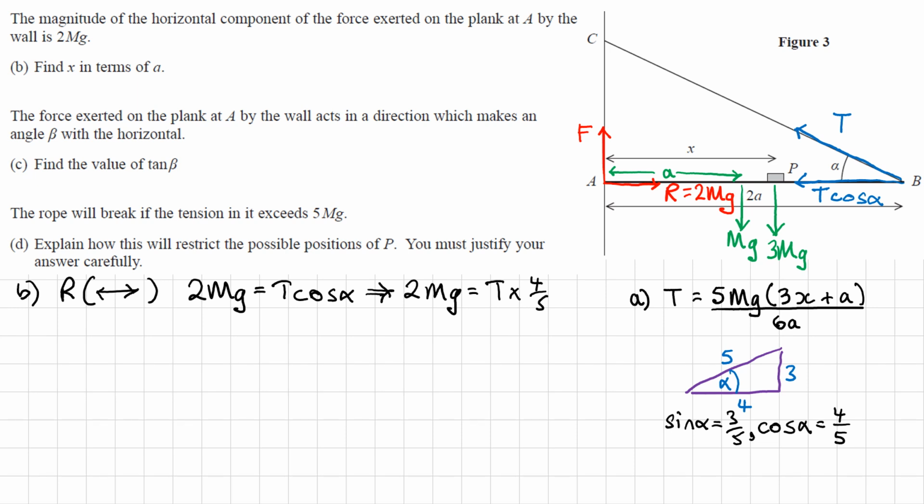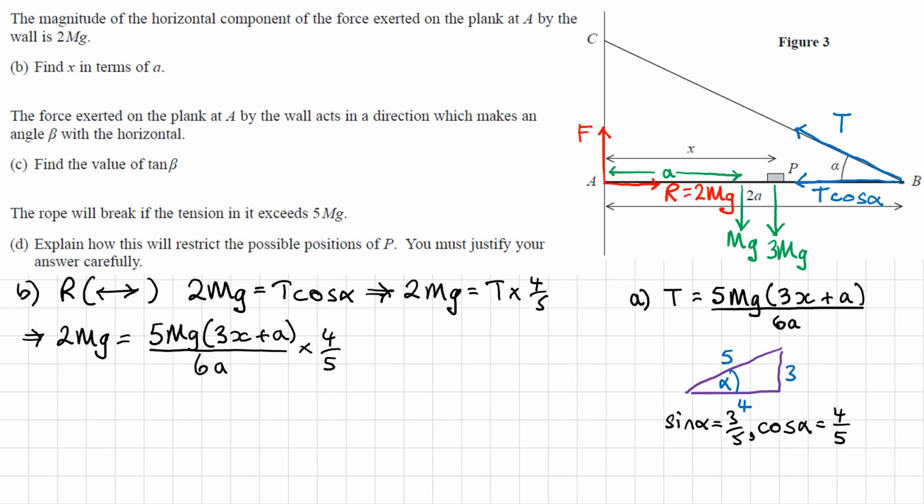And also from part A, we've got the exact value for T, so we're going to substitute that in as well. So we'll have 2mg is equal to 5mg times 3x plus a all over 6a, that's my T, times 4/5.